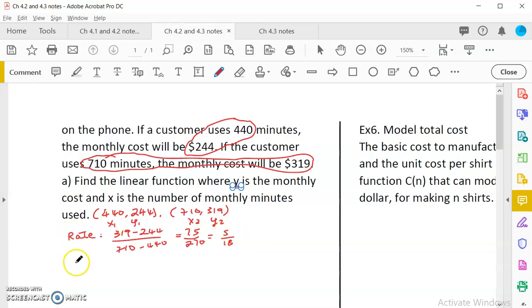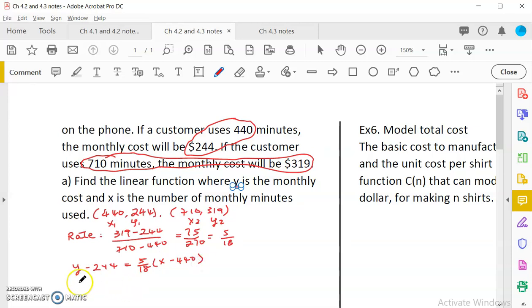And then we are ready to write the equation because we have 2 points. We just use 1 point, point slope. If I had the y-intercept, I could use it, but I don't have the y-intercept, so I have to use point slope. So y minus 244 equals 5 over 18, x minus 440.